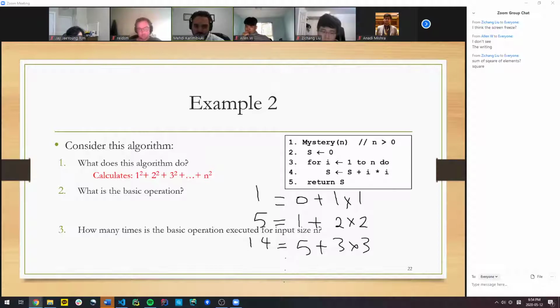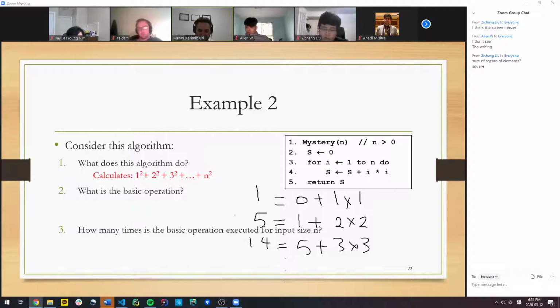If you assume that n is going to infinity, then lines 3 and 4 are going to infinity with that, right? The convention we made in the previous slide for basic operation is we don't think of the for loop statement to be part of the basic operation. So we say whatever is in that for loop is the basic operation. So line number 4 is essentially the basic operation here.